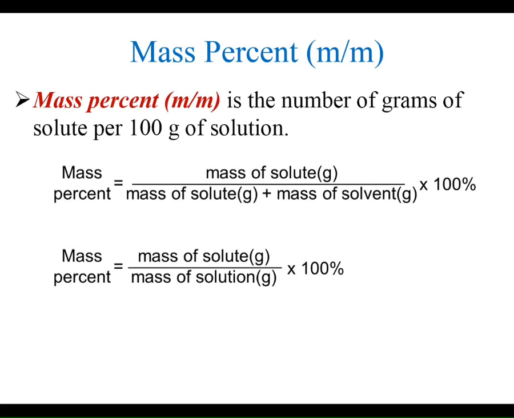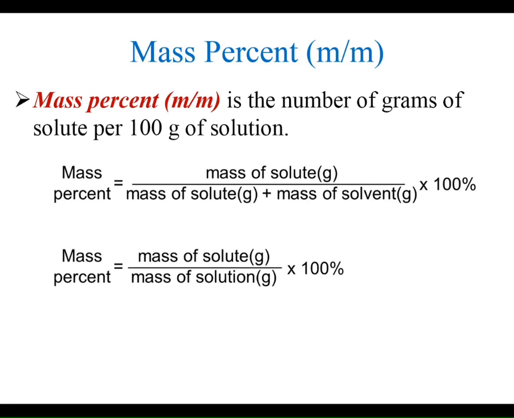So if I want to know the percent sodium chloride in the solution, the part I'm interested in, the solute, over the whole solution, times 100. In our case, solute over solution times 100. And remember, the solution has two components: the solute plus the solvent.